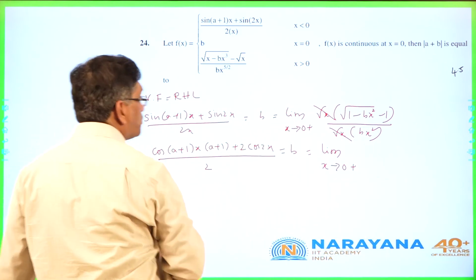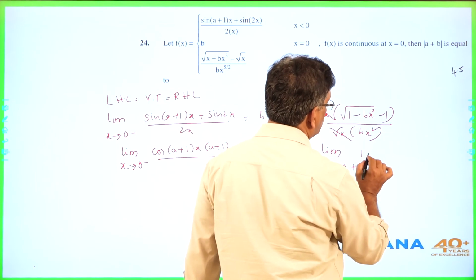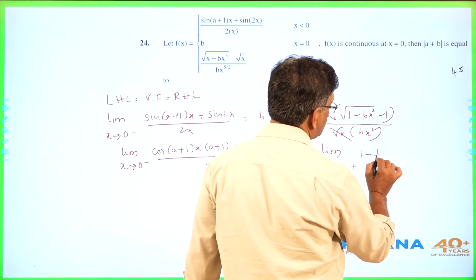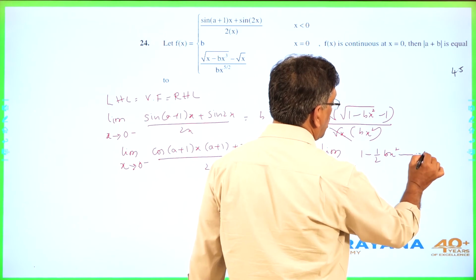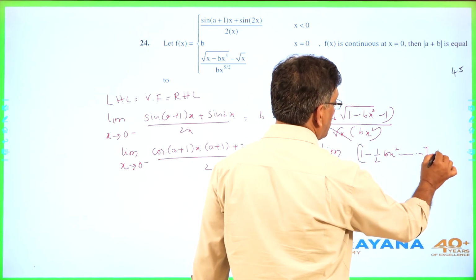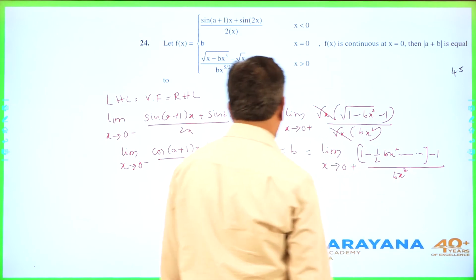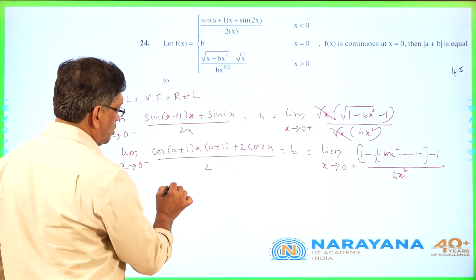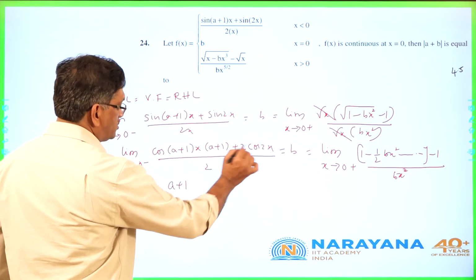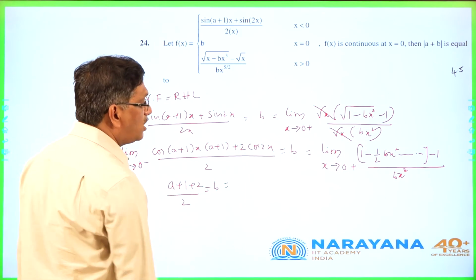To avoid that procedure, I am going to use, it is whole power 1 by 2, 1 minus 1 by 2 into b x square, so on, right, minus 1 by b x square, fine. So now put x equals to 0, this is 0, a plus 1 plus 2 by 2 equal to b.